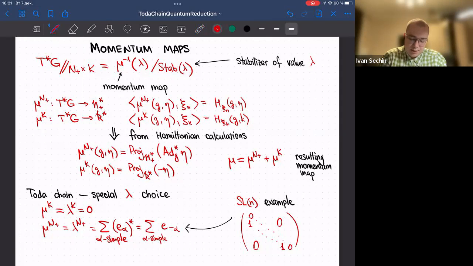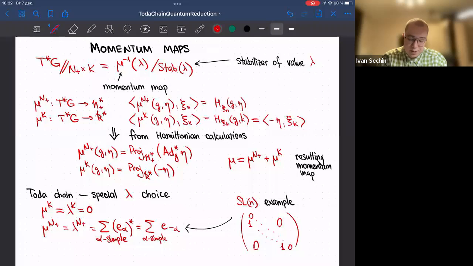In the previous slide, I calculated this h psi k. And it was just minus eta psi k.